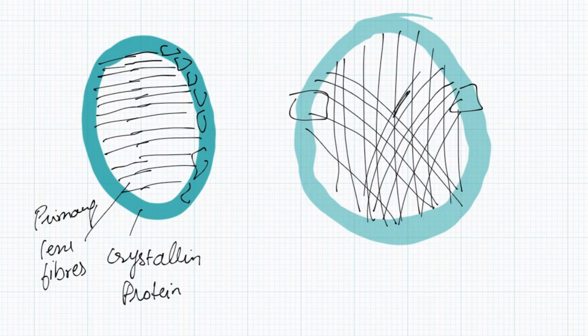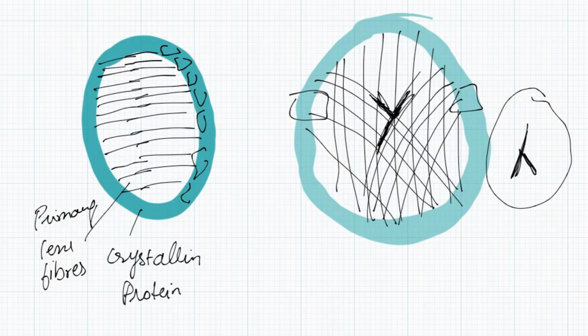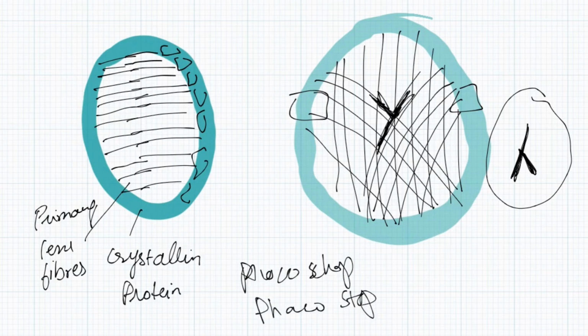Now you can see that we have a Y suture over here, and its posterior surface will consist of an inverted Y suture. This suture is very important in phaco-chop and phaco-stop cataract extraction.